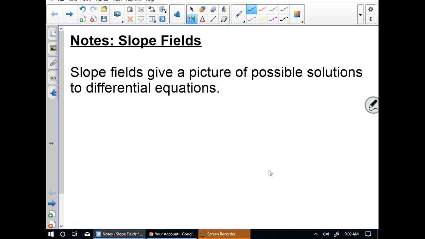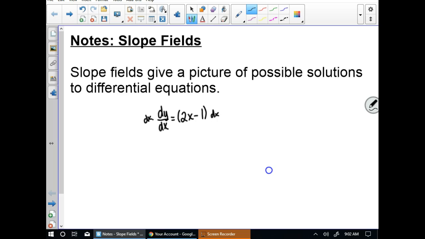So let's do a really easy differential equation. We'll draw the slope field for dy over dx equals 2x minus 1. If we have to solve this, we multiply both sides by dx.